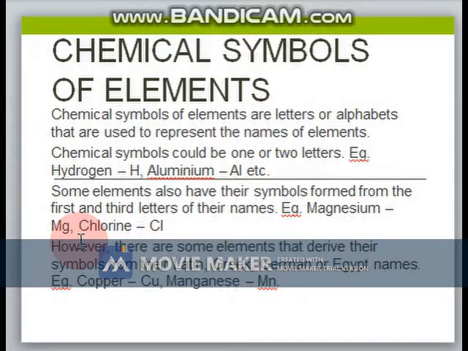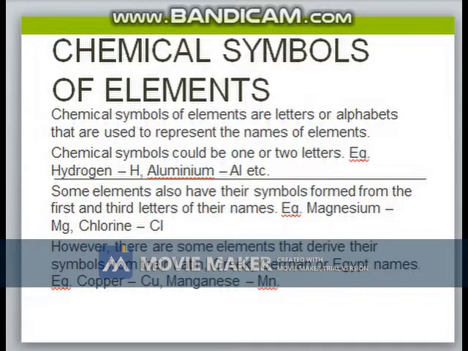However, there are some elements that derive their symbols from their Latin, Greek, German or Egyptian names. Example, we have copper, whose symbol is far different from its name. So Cu is its symbol. Manganese, Mn.